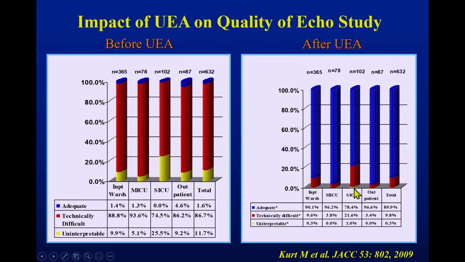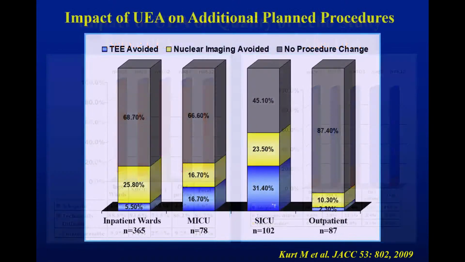You could see here that in the surgical intensive care unit, which is probably the most problematic with so much instrumentation on these patients after surgery, we still had about 20% who were technically difficult to interpret for global and regional function. But notice the difference here. We had 20% who were completely uninterpretable to start with. So quite an effect on the adequacy of images that we see.